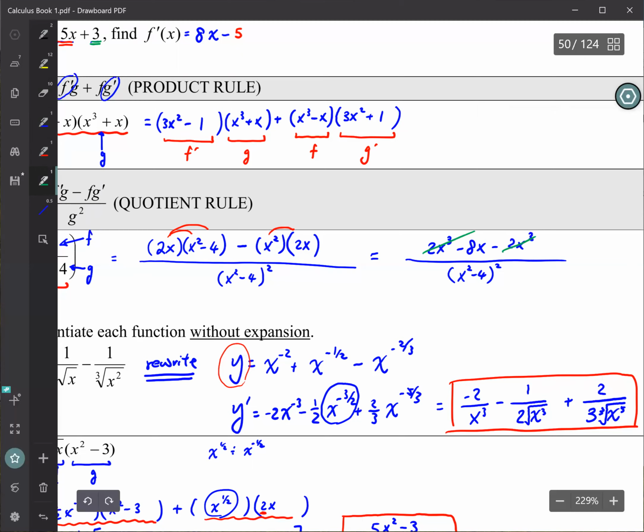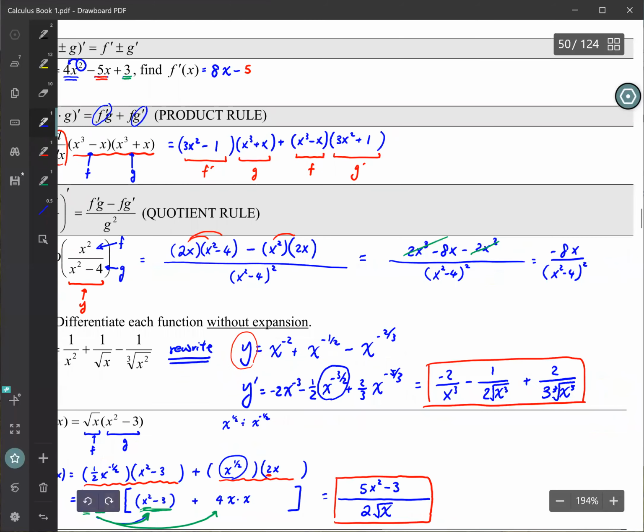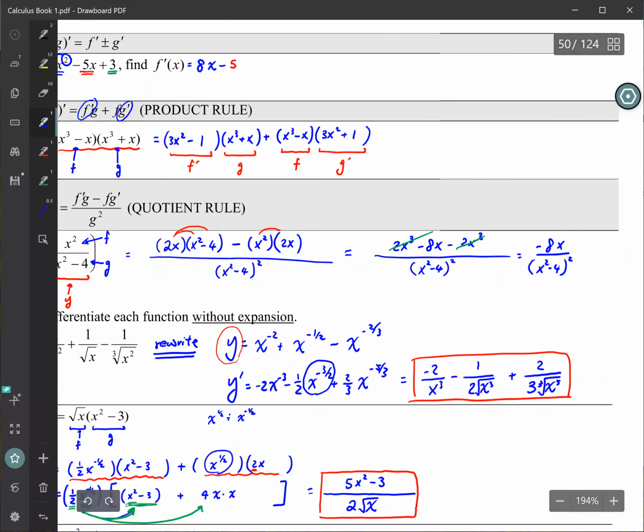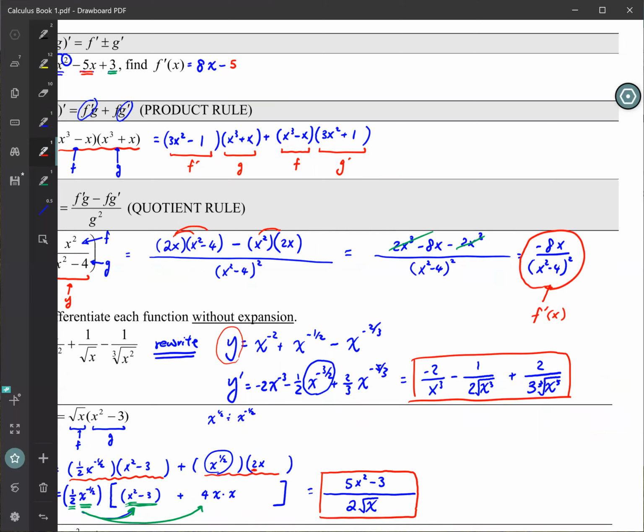So you're just left with negative 8x over x squared minus 4, all squared. Okay, so this expression that you get represents the slope at any x. The slope of the tangent at any x value.